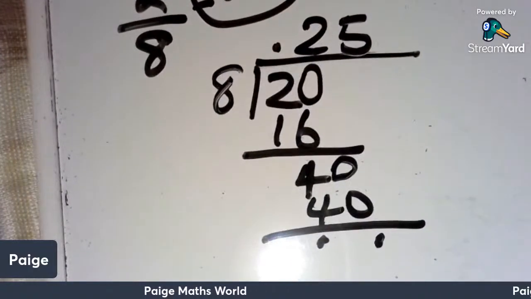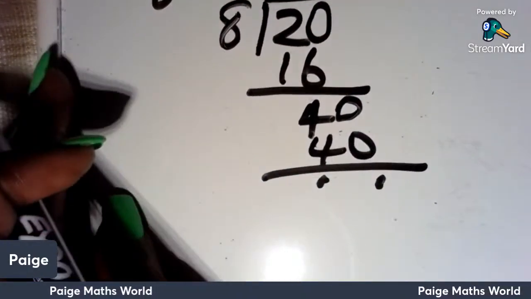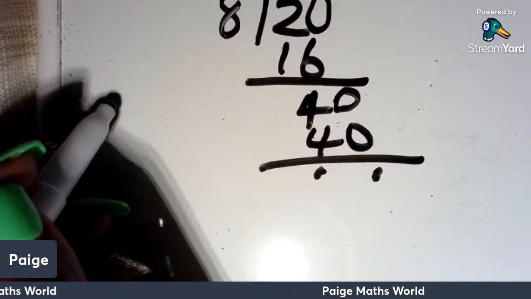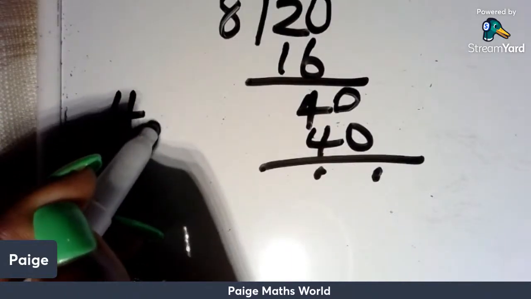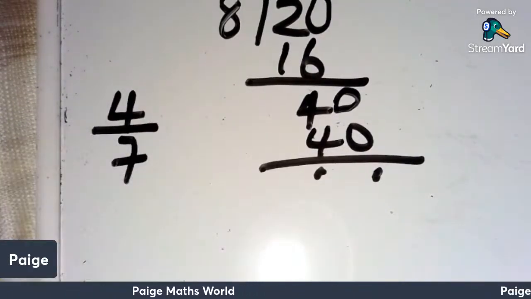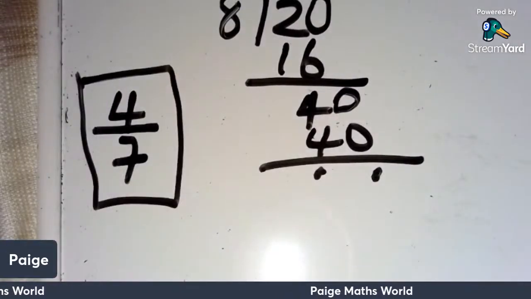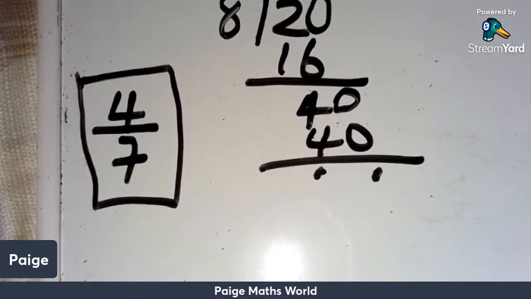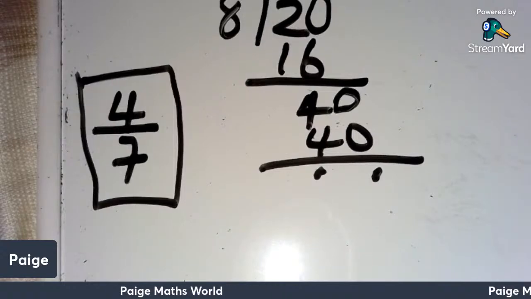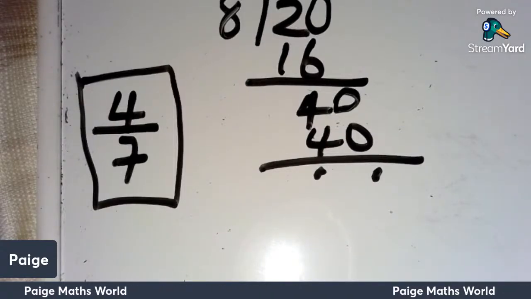One more decimal. What's the decimal for, say, 4 upon 7? Remember, no calculator. 4 divided by 7. Good job, Ray.